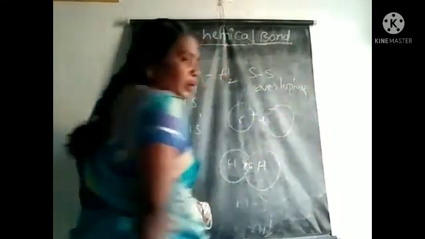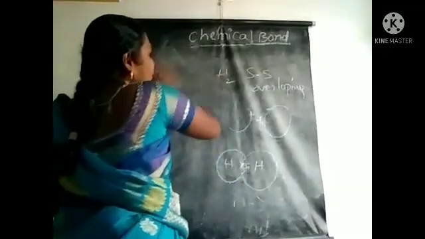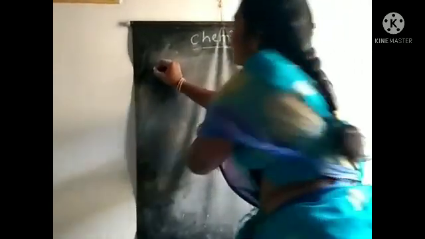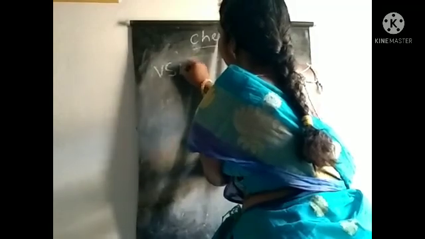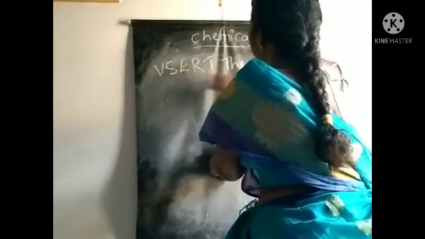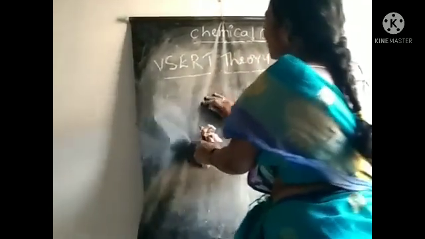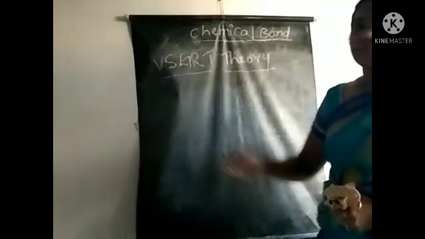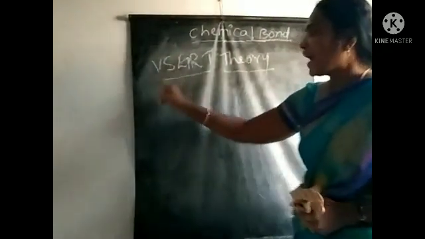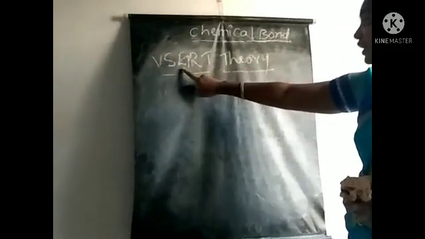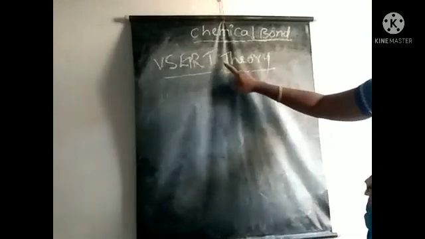Here we discuss valence shell electron pair repulsion theory. This is also called VSEPR theory. VSEPR theory means valence shell electron pair repulsion theory.